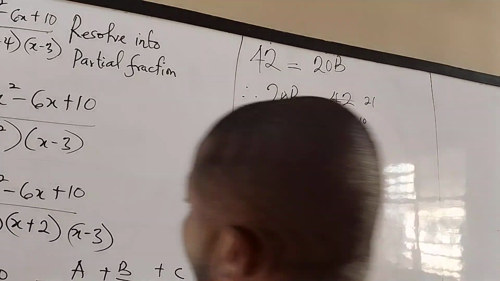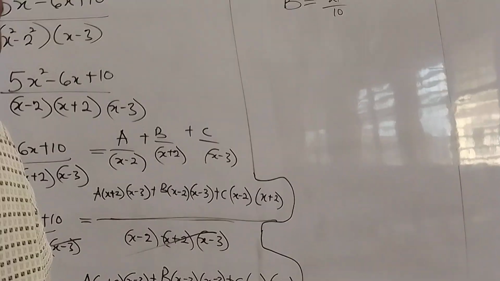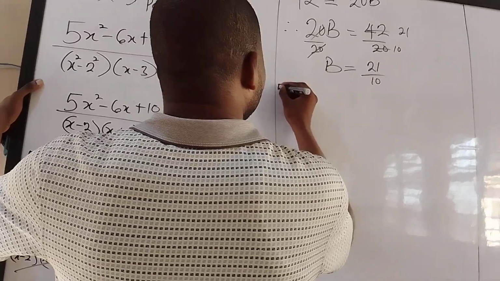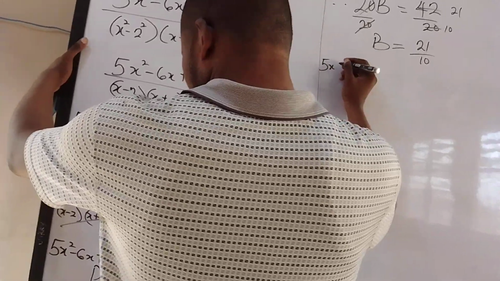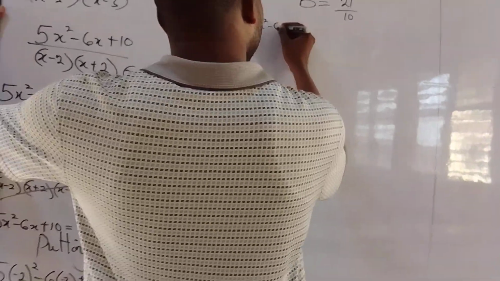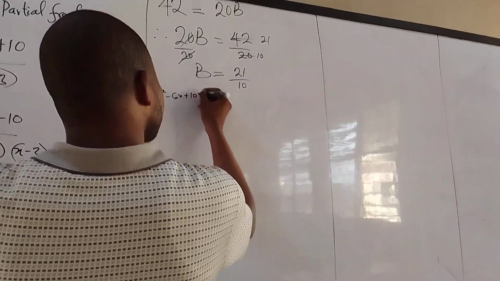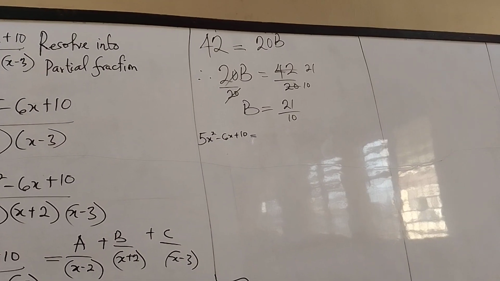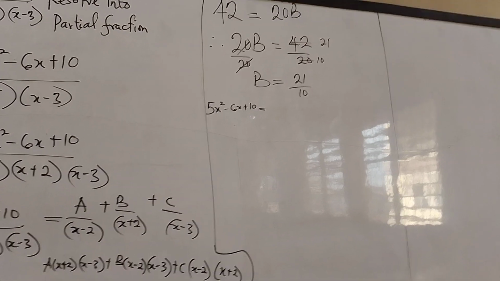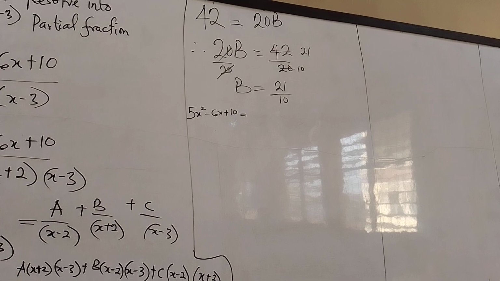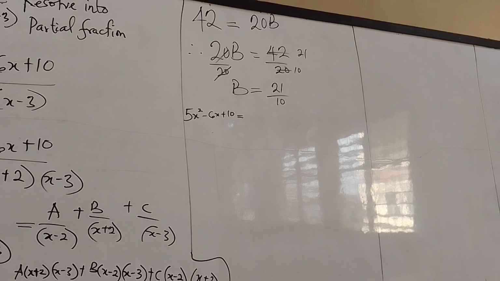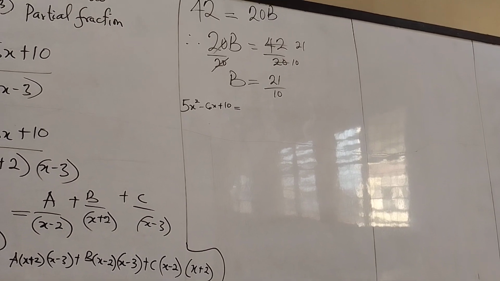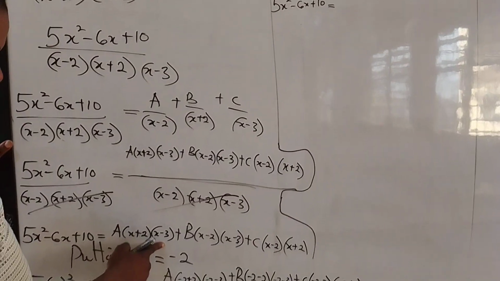Now, coming to this again, we have 5x squared minus 6x plus 10 is equal to... The best way of resolving this, like I said before, we can give this another approach by saying x times x will give us x squared, x times this will give us minus 3x.